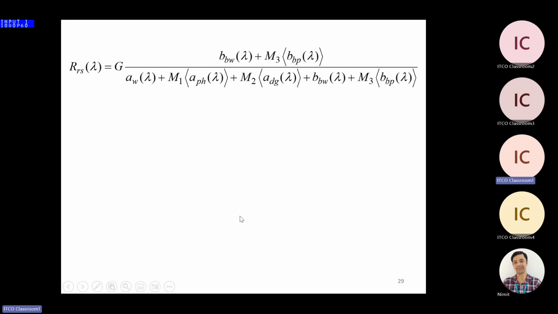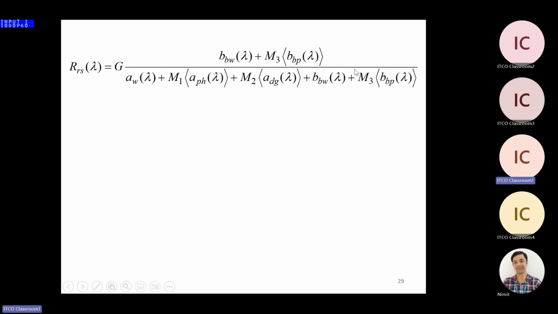The mechanism behind this is, as we said, after the modeling of these 3 spectra, BBP, APH, and ADG, remote sensing reflectance can be read like this. In the numerator is BB water plus M3 times the BBP shape. In the denominator is M1 APH, M2 ADG plus this.